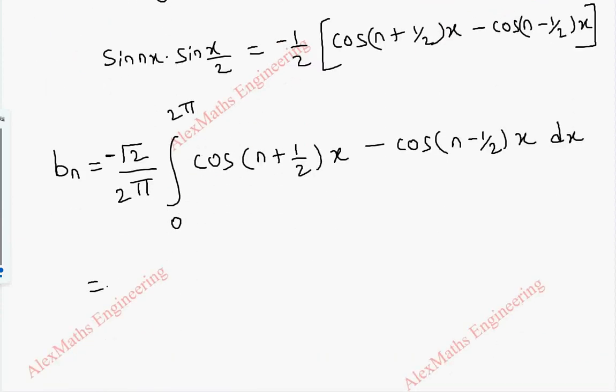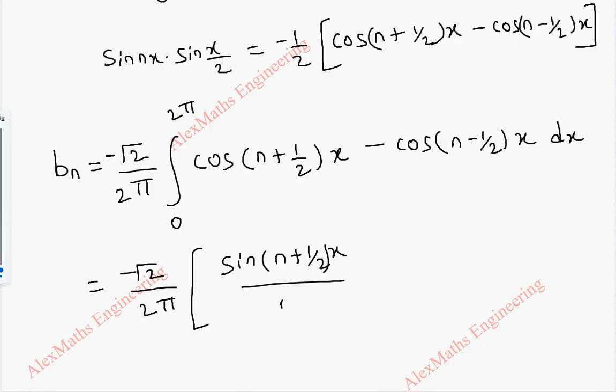When we integrate, cos becomes sin of n plus half x by n plus half minus sin of n minus half x by n minus half.